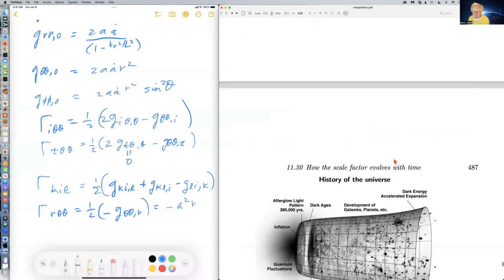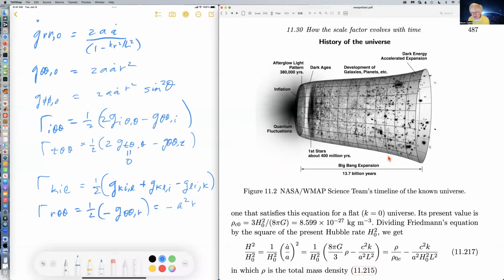And the basic picture that we have is that there was a period of inflation, which was essentially instantaneous, when a quantum fluctuation went to the size of a basketball in an instant. And once it was the size of a basketball, it then expanded according to ordinary general relativity.